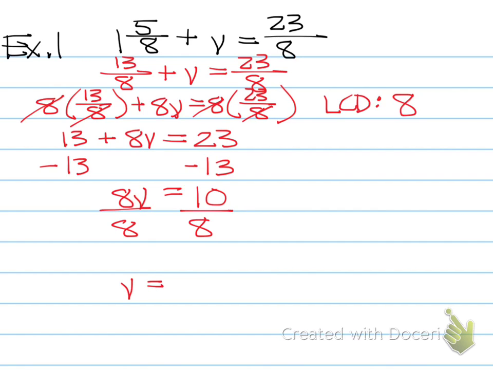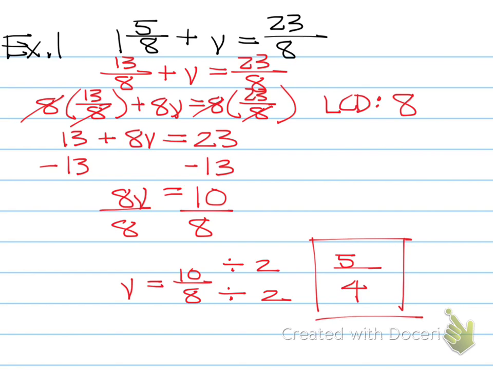All right, so 10 over 8. And then that can be simplified. 2 divides evenly into 10 and into 8. So when we divide 2 into 10, we get 5. We divide 2 into 8, we get 4. So that is our answer. 5 over 4 is our answer.